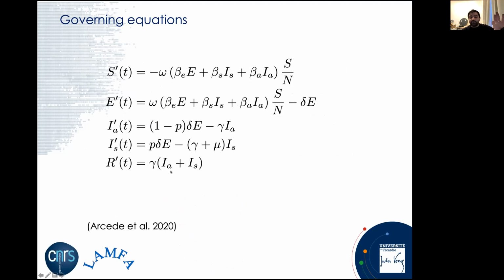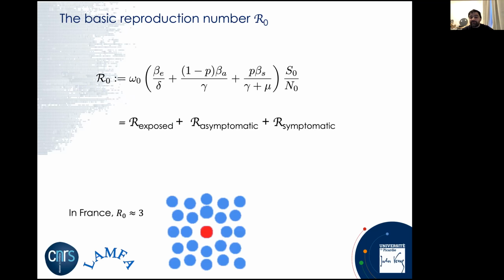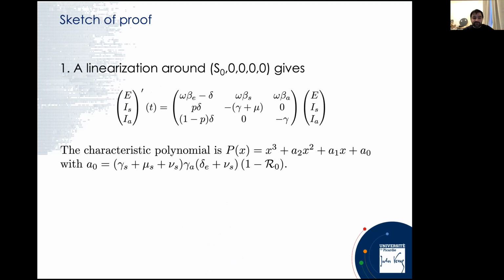I forgot to mention that you have global well-posedness, and the solutions are non-negative. In particular, it means that R prime is positive, so R is increasing, and each component is smaller than the total population.